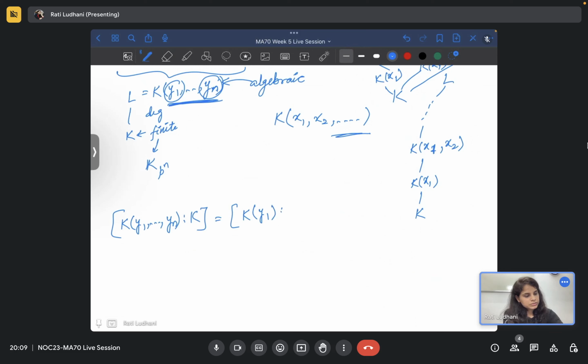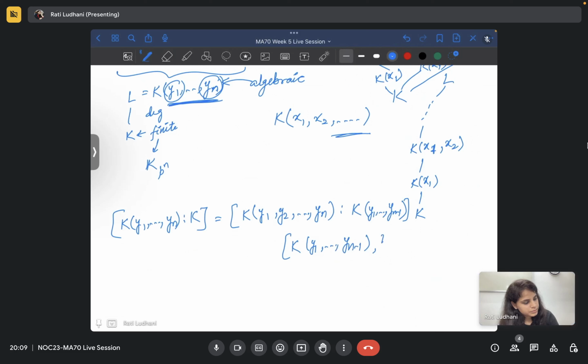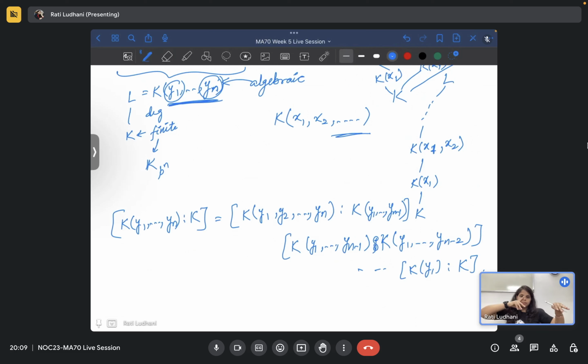By induction I can say this: K(y1, ..., yn-1), then yn. So I'll split it into all the parts, and so on, and you'll get at the end some multiplication.